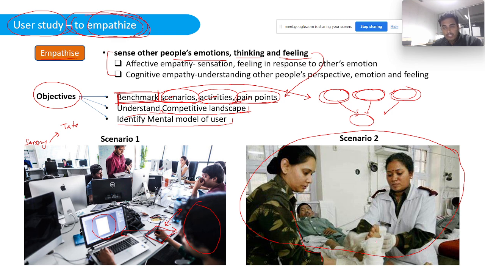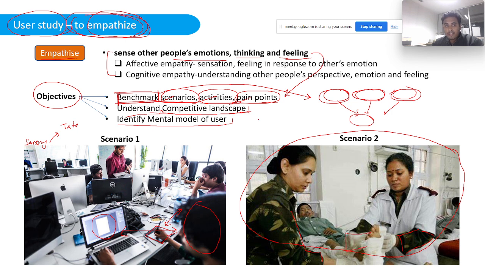From the scenario you can understand this is probably a military hospital, because the nurse is also wearing a military dress. Probably he is a wounded soldier, and they are practicing some sort of wound healing procedure, using gauze to wrap around.